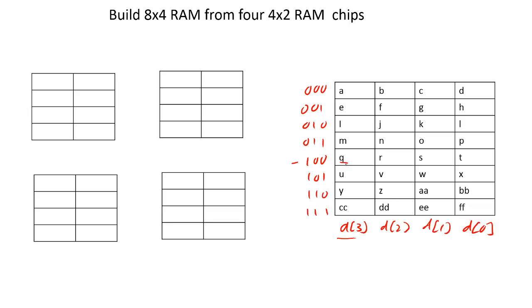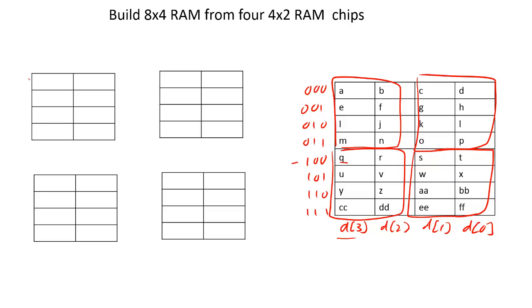What I'm going to be doing to build this 8x4 RAM from these 4x2 RAM chips is map each of these into smaller blocks. I can build this 8x4 out of four 4x2s if I chunk the RAM in some shape like this. I want to make sure that my orientations match.